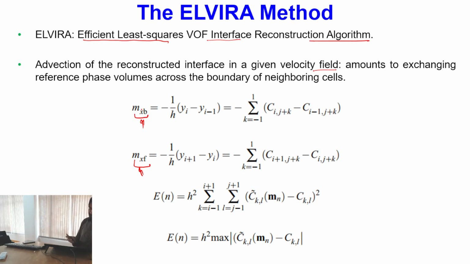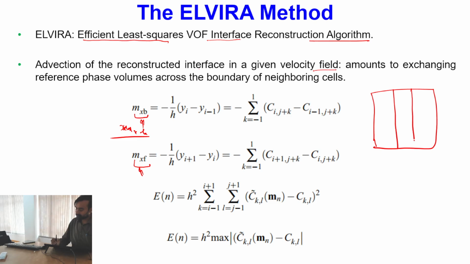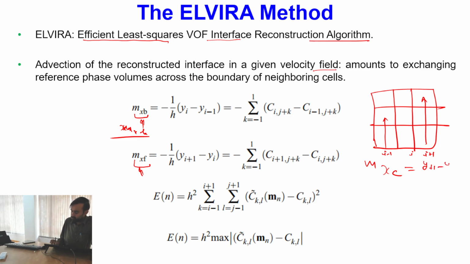So what they are doing now, when they are calculating the slope using the backward approach mxb, how is it calculated? If this is your stencil, one height function you are determining here and one here, and then you are calculating mxc, with I minus 1, I and I plus 1. Okay, so for this central difference method, you are using y at I plus 1 minus y at I minus 1 divided by 2h.